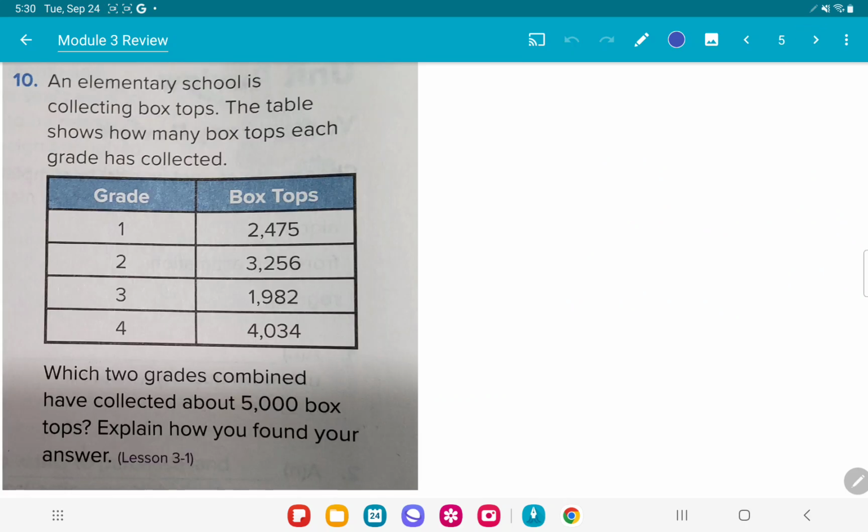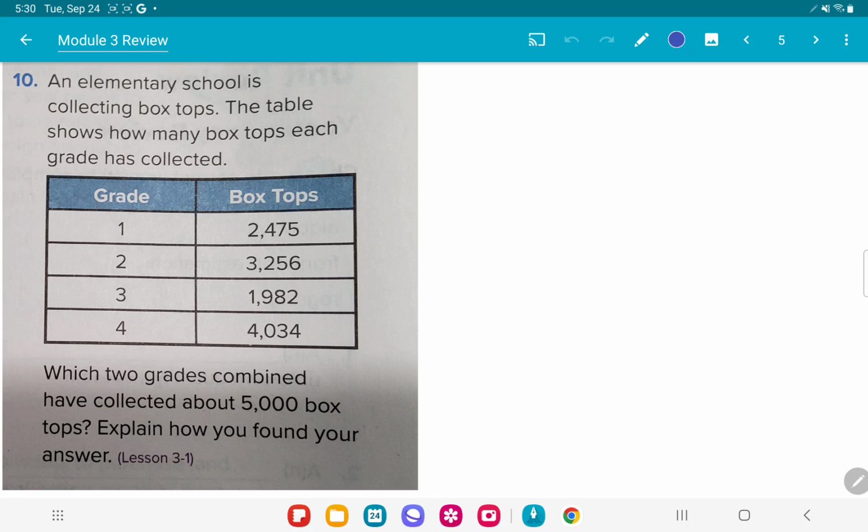Number 10. An elementary school is collecting box tops. The table shows how many box tops each grade has collected. First grade collected 2,475 box tops. Second grade collected 3,256. Third grade collected 1,982.